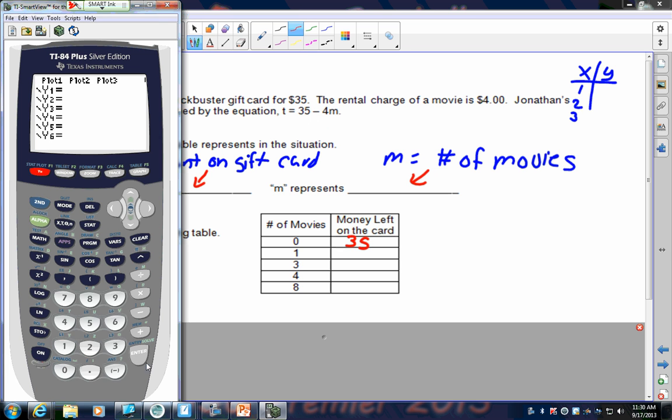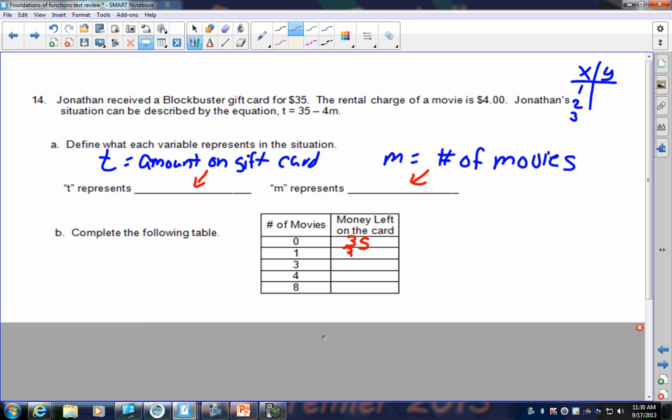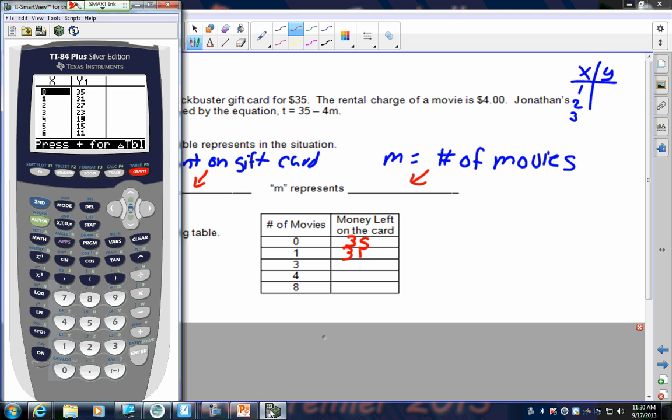I go to y equals, and I'm going to put in there 35 minus 4m. I can't put m in there, I put x. Now I'm going to press second graph. Hope it starts. Yep, 0. There we go. 1 and 31. Be careful because it jumps to 3. It says 3 and 23.